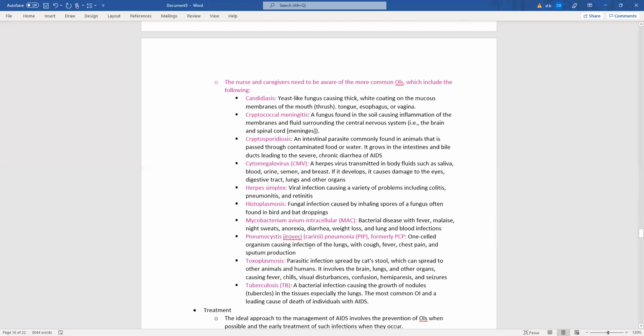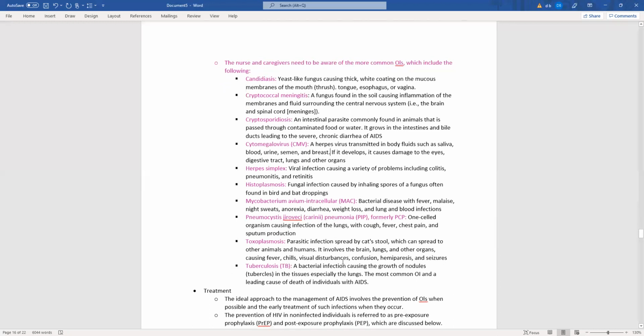One-celled organism causing infection of the lungs with a cough, fever, chest pain, and sputum production. You got toxoplasmosis. This is a parasitic infection. It's spread by cat feces, which can spread to other animals and humans. It involves the brain, lungs, and other organs, causing fever, chills, visual disturbances, confusion, hemiparesis, and seizures.